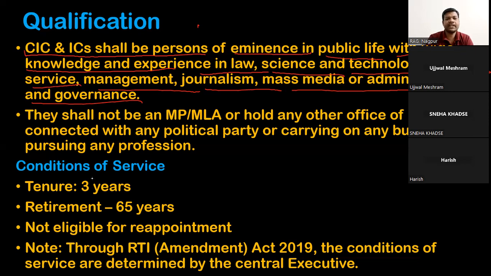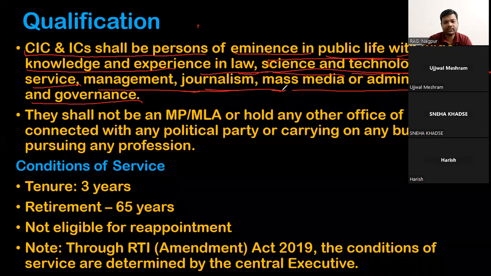Someone with knowledge and experience in law, like an eminent lawyer or a judge; in science and technology, might be a scientist; social service, any social servant; management, any businessman; journalism, any kind of journalist; mass media or administration.